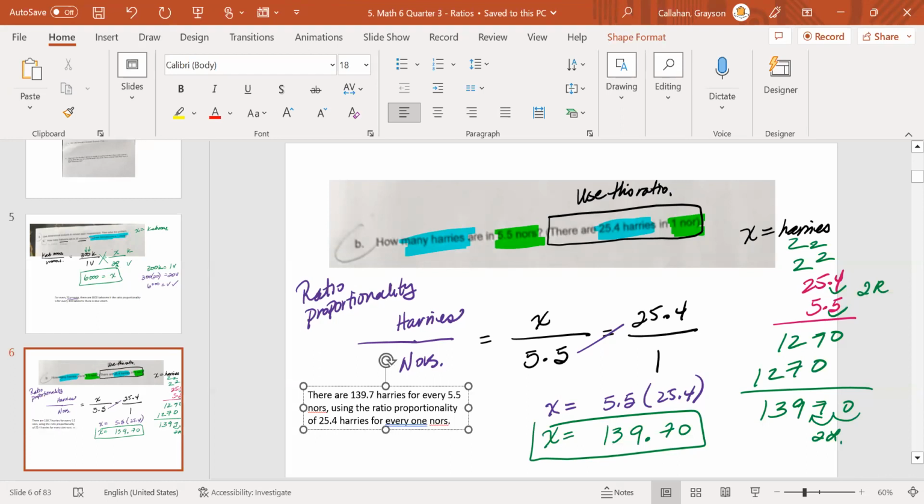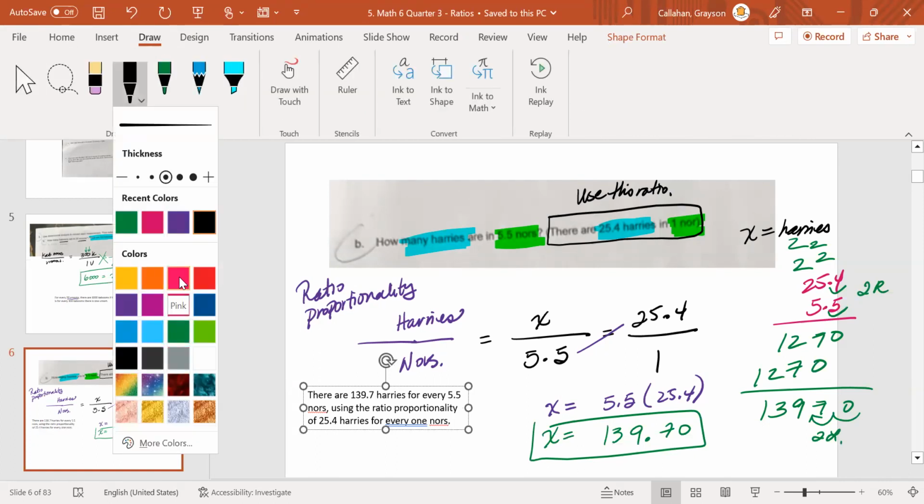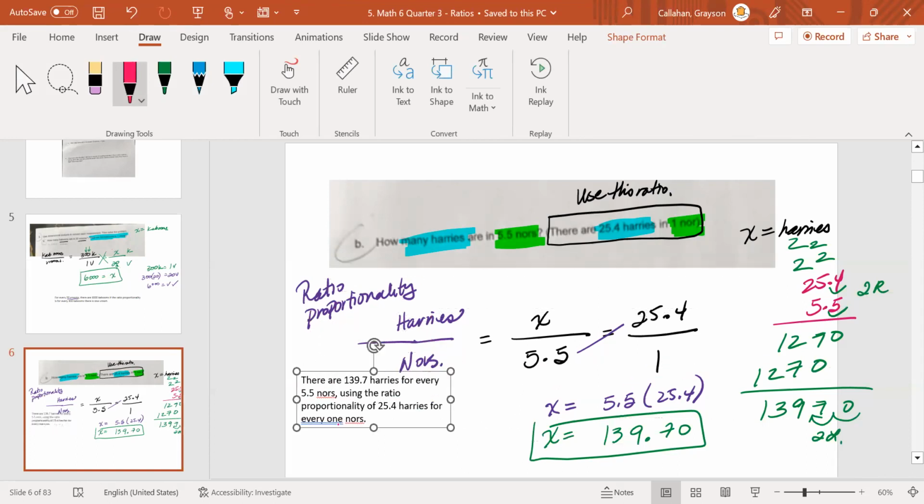Okay, and you can always try to check your answer to see if it actually makes sense. If I check my answer right here, it's given to you that 25.4 Harrys equals 1 Nor, right? You start out with that. So the question asks for 5.5 Nors.